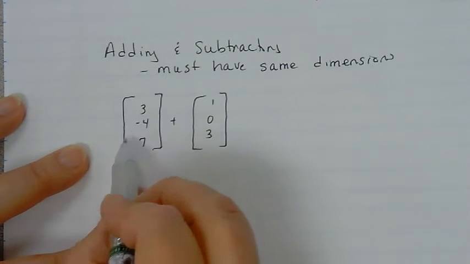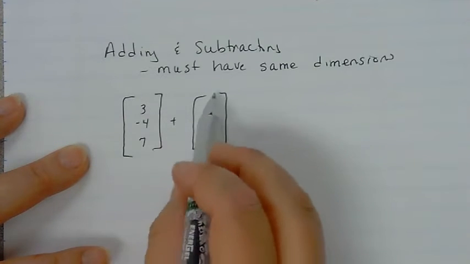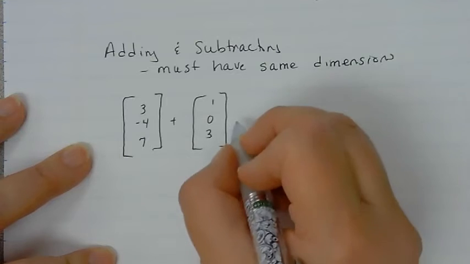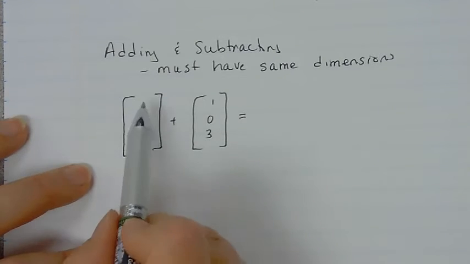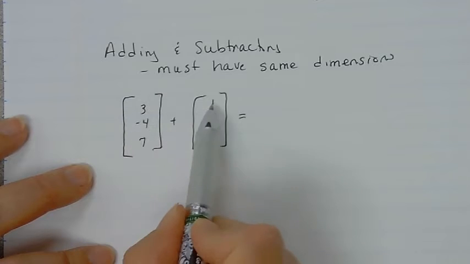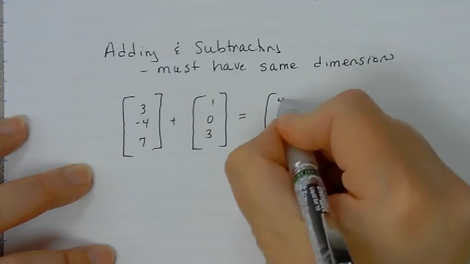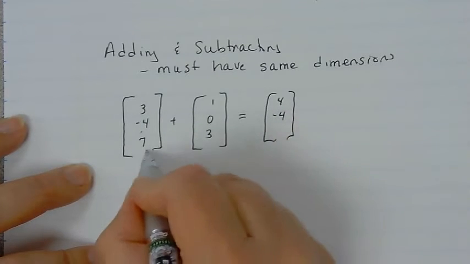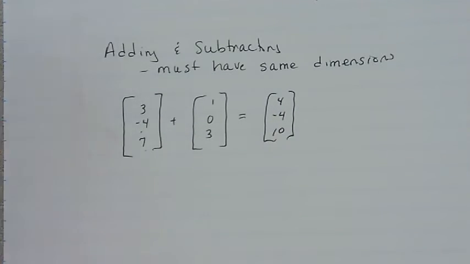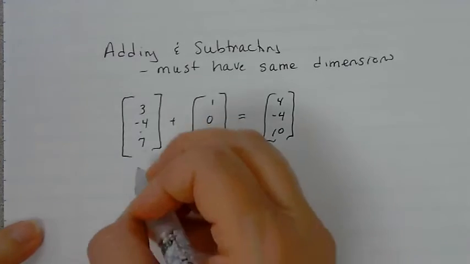So this is 3 rows, 1 column, 3 rows, 1 column. They're the same, so I can add them together. And when you do that, you just add the like spots. So 3 plus 1 is 4. Negative 4 plus 0 is negative 4, and 7 plus 3 is 10. So if you add a 3 by 1 and a 3 by 1, your answer should be a 3 by 1.